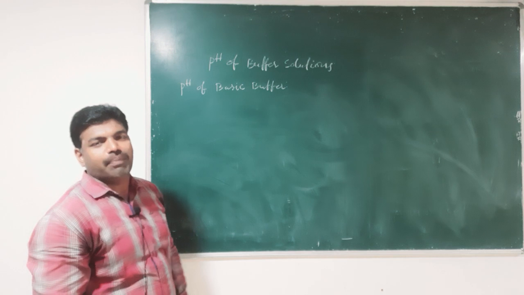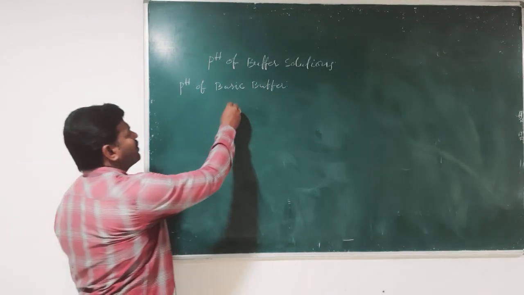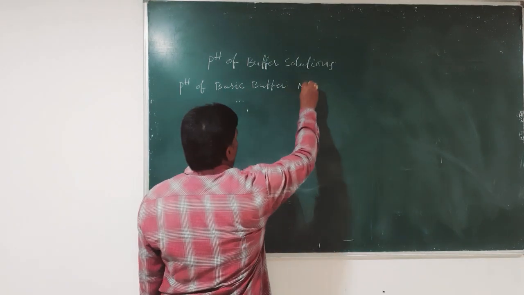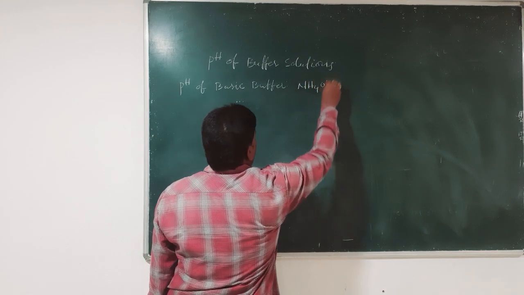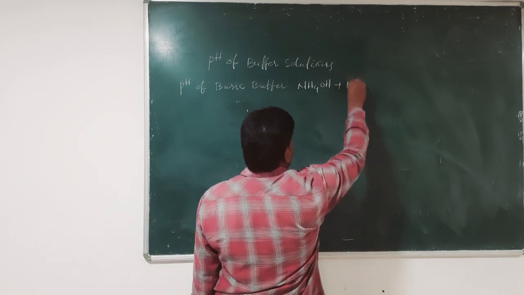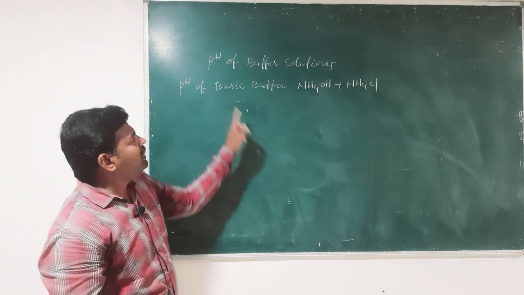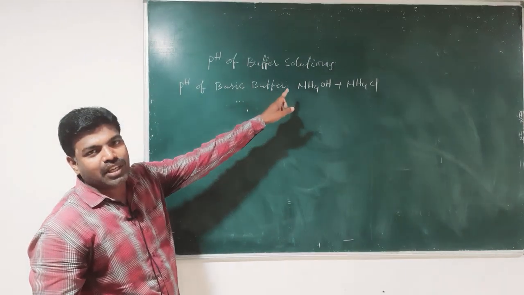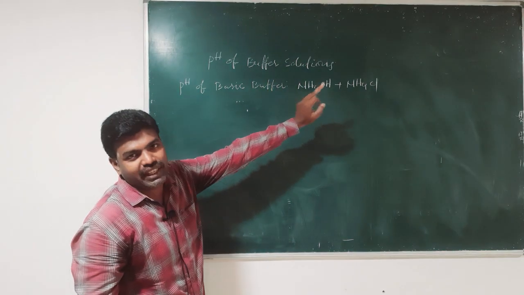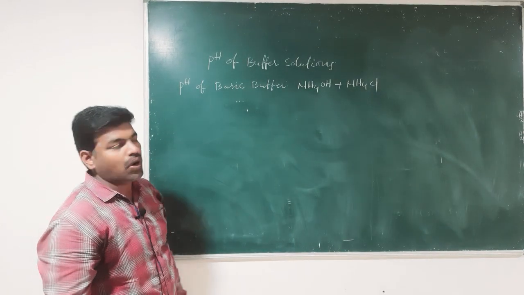Please tell me one example for a basic buffer. The best example for a basic buffer is ammonium hydroxide, NH4OH, which is a weak base, with its salt with a strong acid, that is ammonium chloride. I already told you that a basic buffer is an example of buffer solutions, a mixture, and that mixture contains ammonium hydroxide, a weak base, and ammonium chloride, a salt of a strong acid.